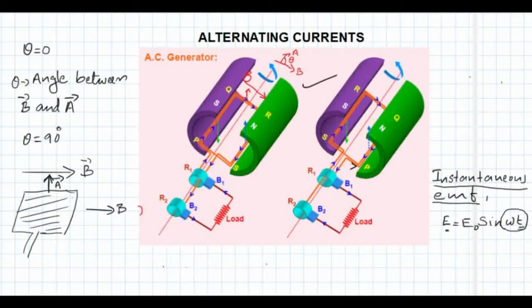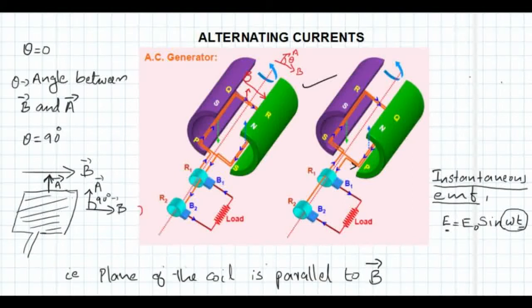So when theta is equal to 90 degree, that means what? That means the area vector is perpendicular to the direction of B, or in other words, the plane of the coil is parallel to B. The plane of the coil is parallel to the direction of the magnetic field. So there is another case of omega t. So omega t could be 90 degree. During the rotation, you can see that the value of theta or the value of omega t will be continuously changing.